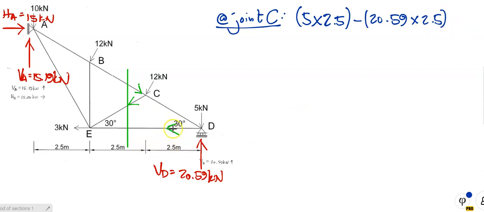Yes, it's this one here. And this force is going clockwise with respect to C, so it's plus force ED multiplied by. Okay. And what's the lever arm for this force?